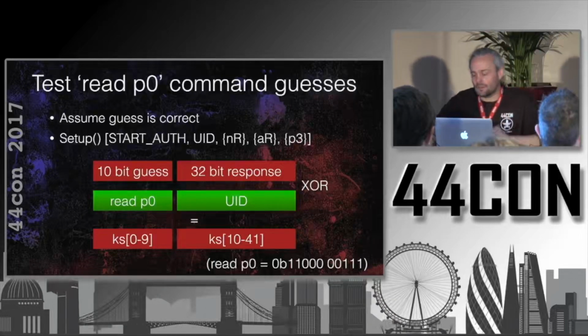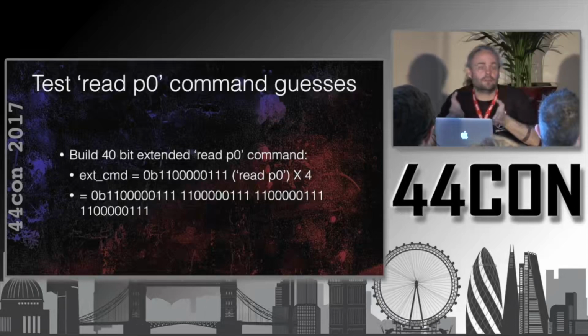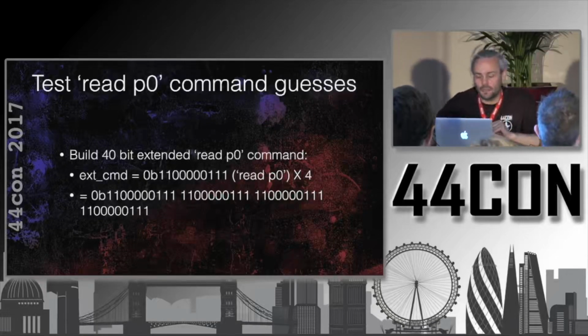We don't know if we're right, so what we do is take the key stream and make a 40-bit version of the read page 0 command, using that length extension, comms integrity that I talked about.